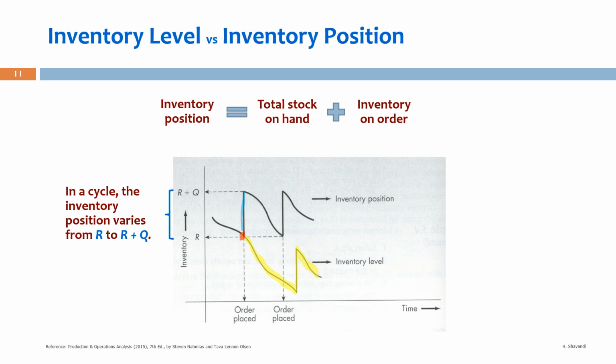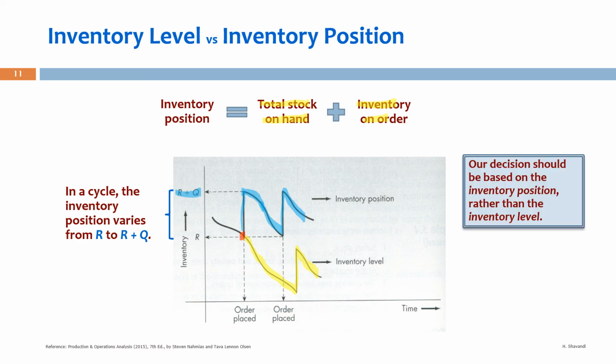When we place a new order, the inventory position increases to R plus Q, and as the inventory level declines, the inventory position declines as well. This is the sum of total stock on hand plus inventory on order, also called inventory on the way, coming to our warehouse.